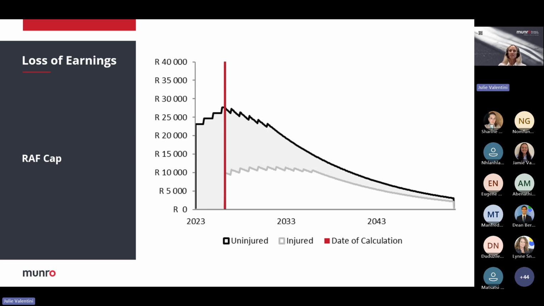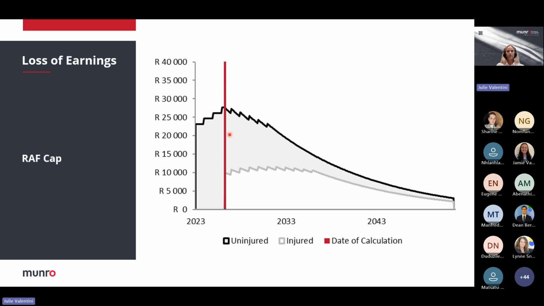And the value of the cap is set equal to the prevailing cap at the date of the accident. So RAF publishes a cap value every 3 months. And whenever the accident occurred, let's say it's June 2021, what we do is we look at what was the prevailing cap at June 2021, and we use that cap throughout that calculation.